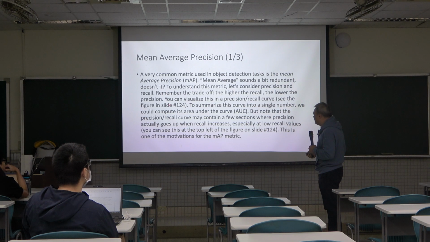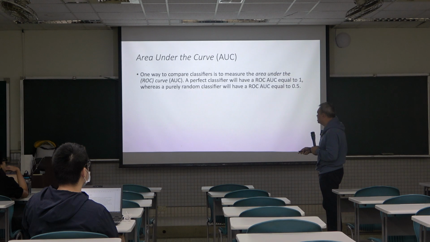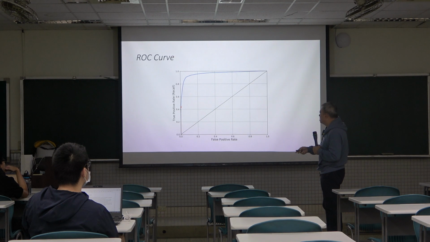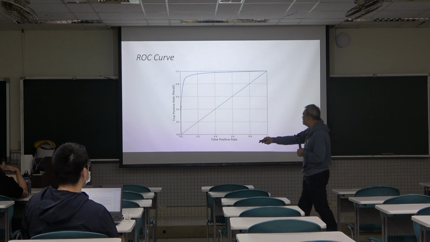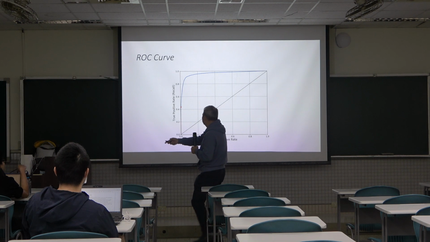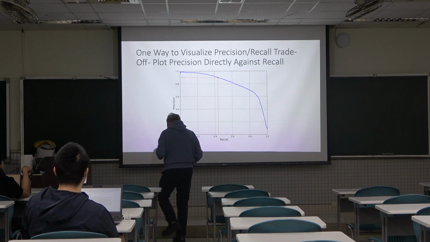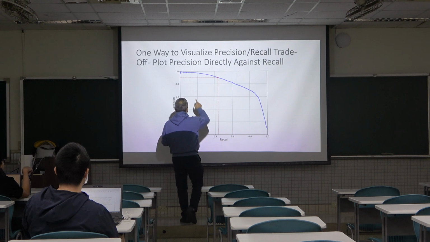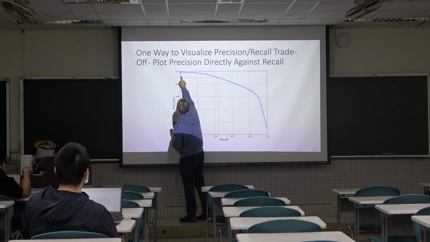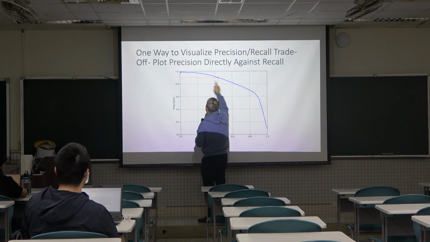this is like when we visualize the precision recall curve, okay, you can see something like, most of the time, the mean precision curve goes down like this.